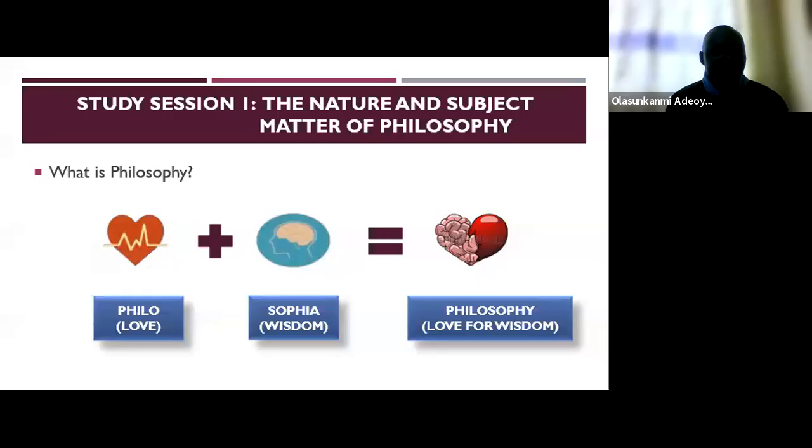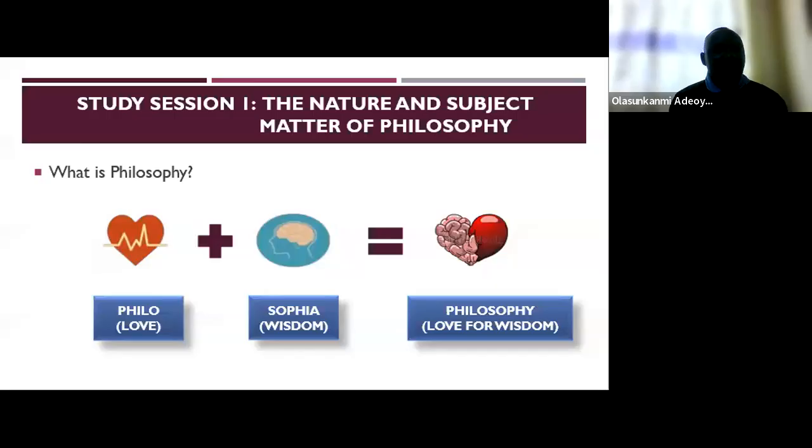Now, if you relate this love for wisdom to the definitions some of your colleagues have given us when we started this class, you will see that they are in line, because everything tends towards asking critical questions, knowing more about your environment, knowing more about one or two things. That is what philosophy is all about.